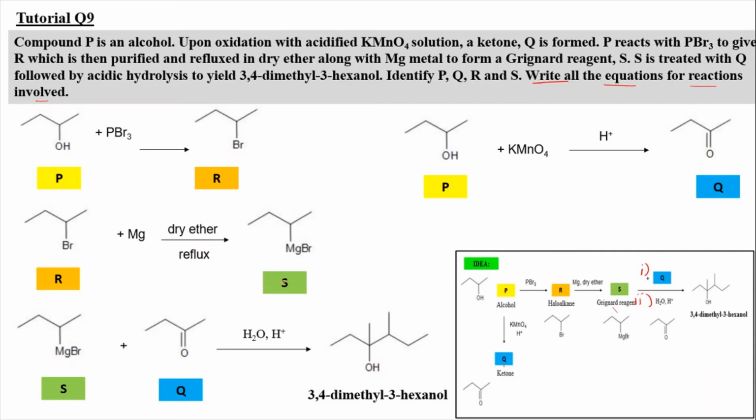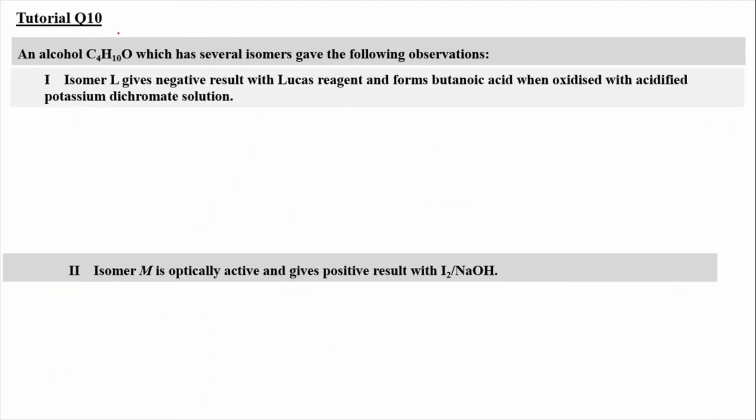Alright, now for tutorial question 10, an alcohol which is C4H10O which has several isomers gives the following observation. So isomer L will give a negative result with Lucas reagent. So when L gives a negative result to Lucas reagent, we know that it is a primary alcohol. And it forms butanoic acid when oxidized with acidified potassium dichromate solution.